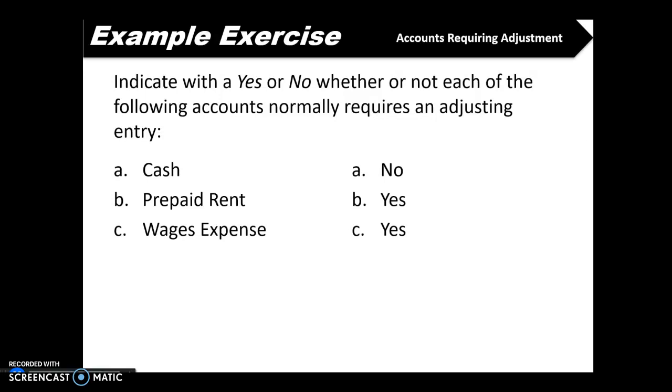So normally at the end of the month we prepare the wages. We will have to record the latest expense at the end of the month. Yes, we have to prepare the adjusting entry. Land, no.